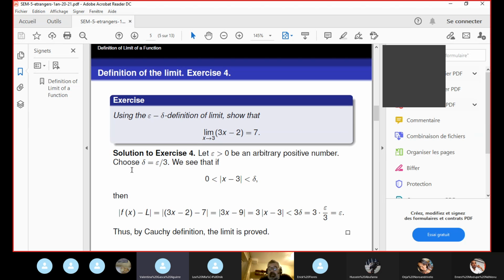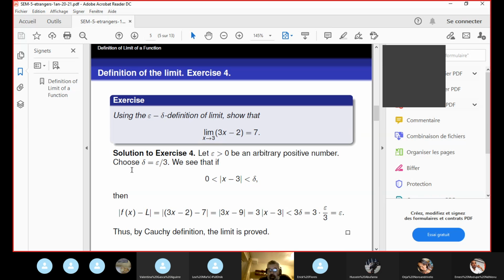I want, in the framework of my definition, that the absolute value between my function and its limit have to be less than epsilon. And in fact, what do we have? We have that the absolute value between f of x and L is less than epsilon, but epsilon can be 1 over 2, 1 over 3, 1 over 100, 1 over 1000, and so on. You see? But it is a strictly positive number.